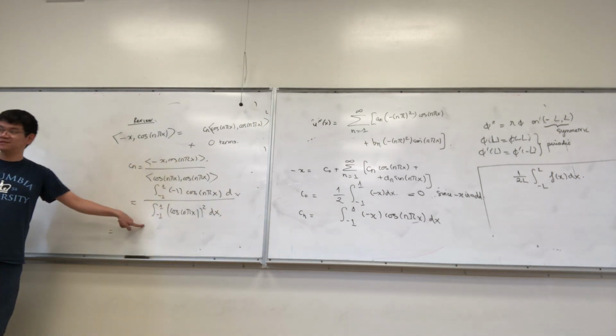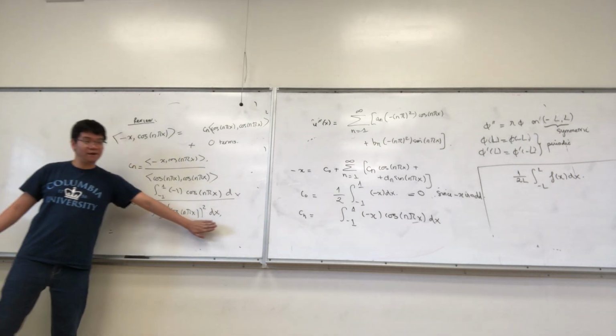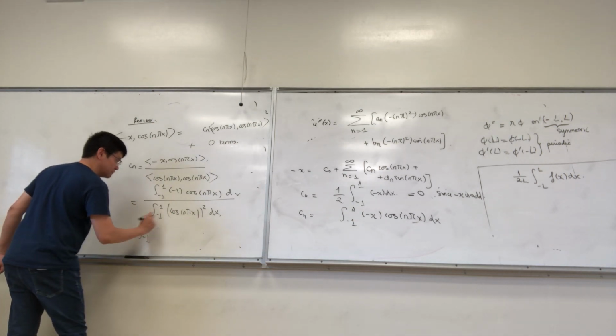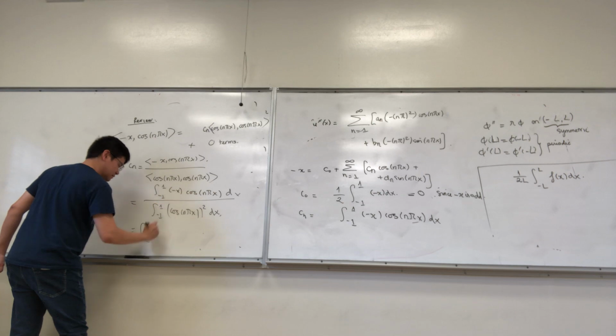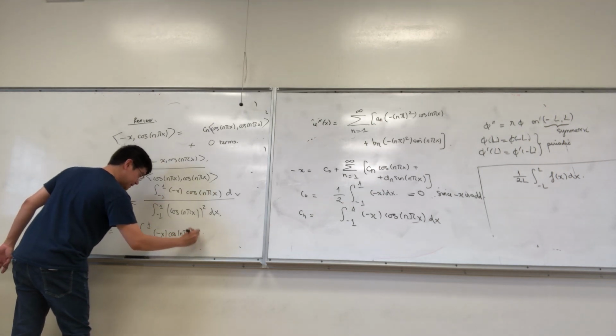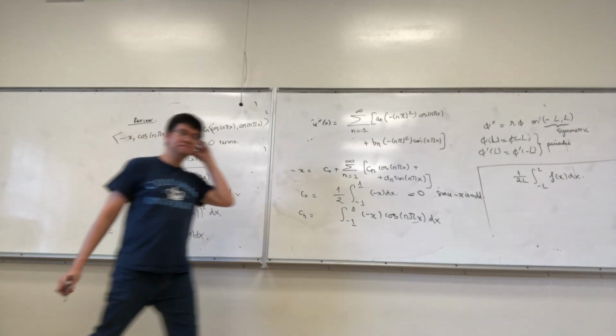And if you compute this out, this will be 1. So you can ignore that, and it gives you this term, minus x cosine of n pi x dx.